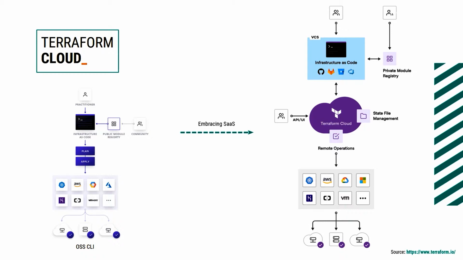So Terraform Cloud is a completely managed SaaS solution that exposes a web GUI, an API, and a streamlined workflow of running your infrastructure as code. In addition to that, it also offers a private modules registry.